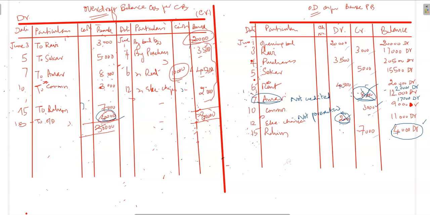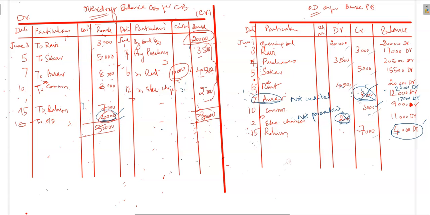OD balance as per passbook and OD balance as per cash book was tallying at 4,000 rupees. When the checks, whatever deposited, were collected and credited, and checks whatever issued were presented, there was no discrepancy at all, and the balances of both passbook as well as cash book were calculated as the same.